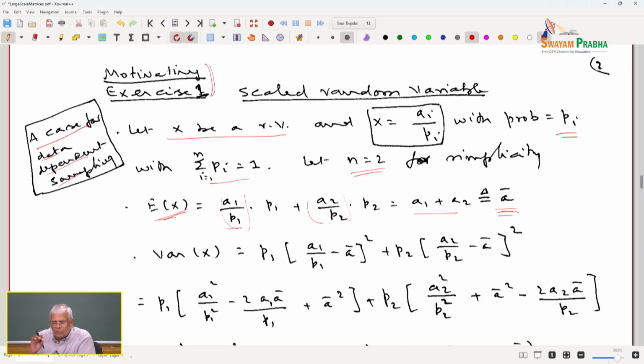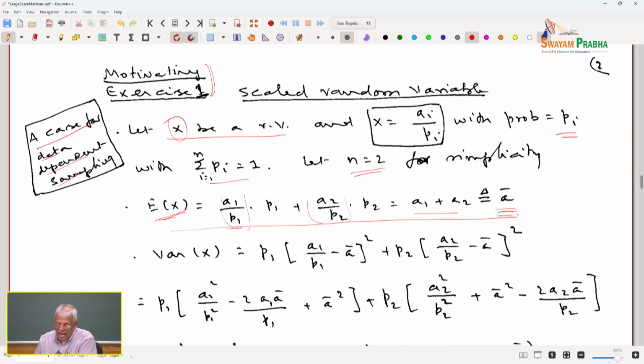So, I am transforming A1 to A1 by P1, A2 to A2 by P2. If A1 is random, A1 by P1 is random. If A2 is random, A2 by P2 is random. So, x is a random variable whose sample values are Ai by Pi, which is picked with a probability Pi, summation Pi is 1, and in the case of n equal to 2, expected value is given by A1 plus A2, which is A bar.